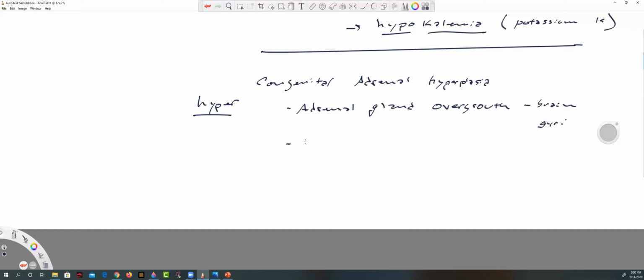Because it is too big and a little too active, it creates excess androgens. If you are a female, it's excess androgens. Let's write this.